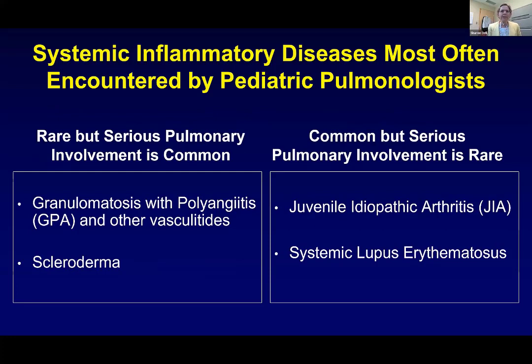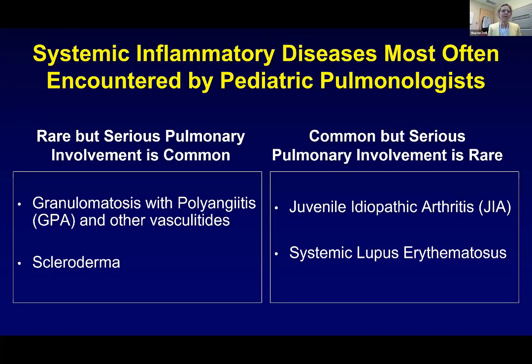So what kind of diseases do we most often encounter in pediatric pulmonology? Well, we have the rare rheumatological conditions that have serious pulmonary involvement that is common. So this is mainly the vasculitides, like EGPA in particular. That's the most common vasculitis that we see, and scleroderma.